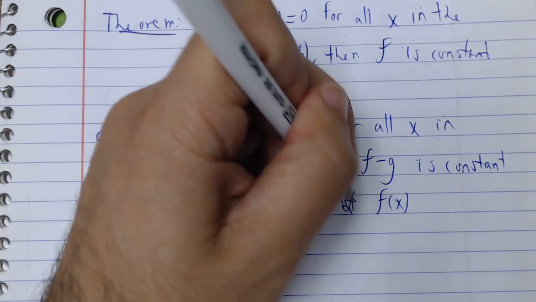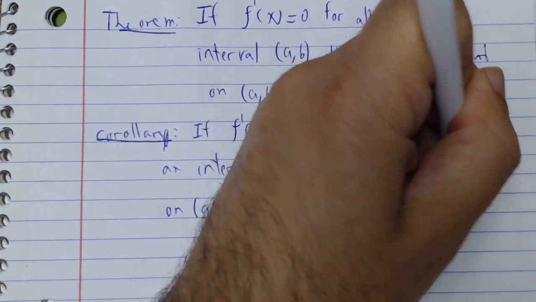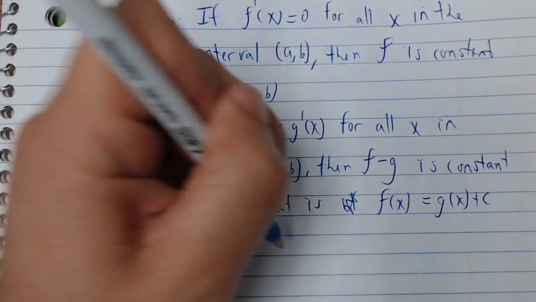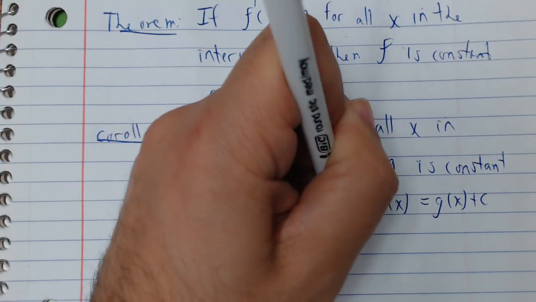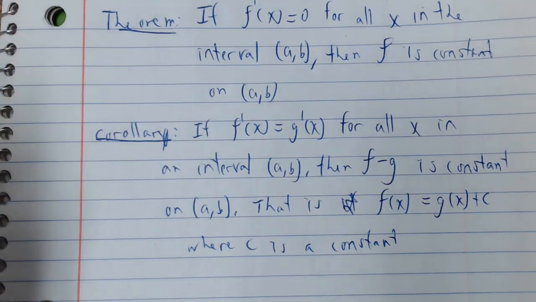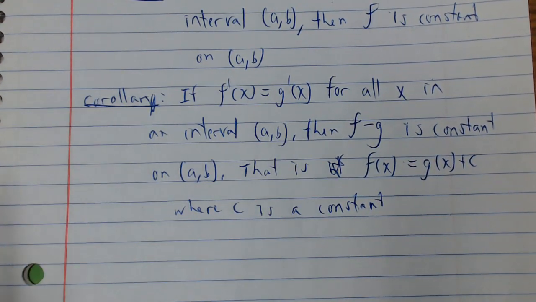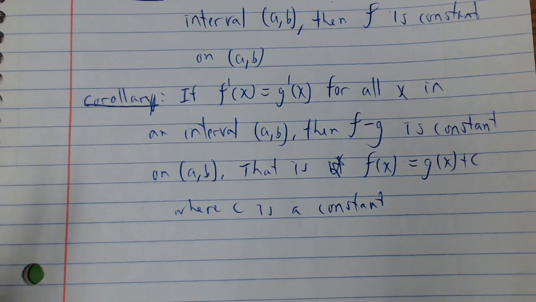That is, f of x equals g of x plus some constant c, where c is a constant. So think of it this way: if the derivatives are the same, it doesn't necessarily mean you have the same function. You have similar functions.